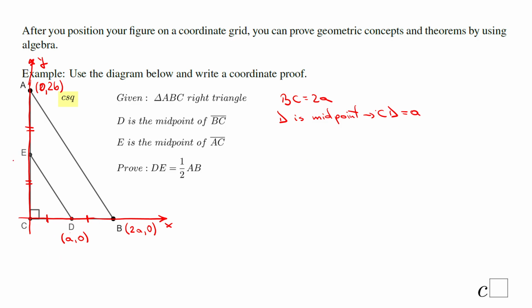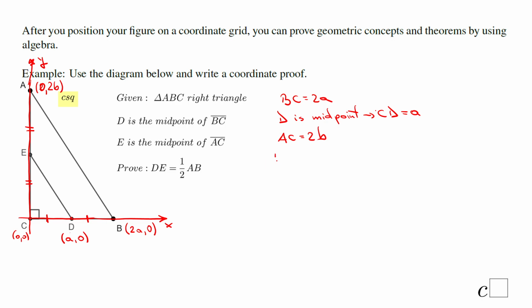Very similar, I'm looking at the other side where AC is 2B units, right? Because it starts from this point C, which is at 0 and 0 by the way, and point A is at 0 and 2B, so that segment should be 2B.